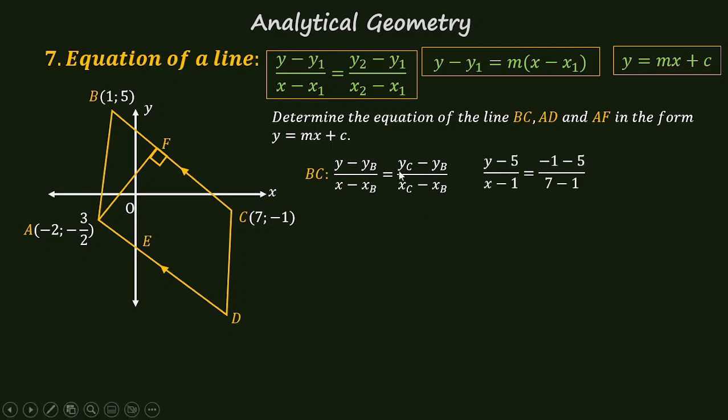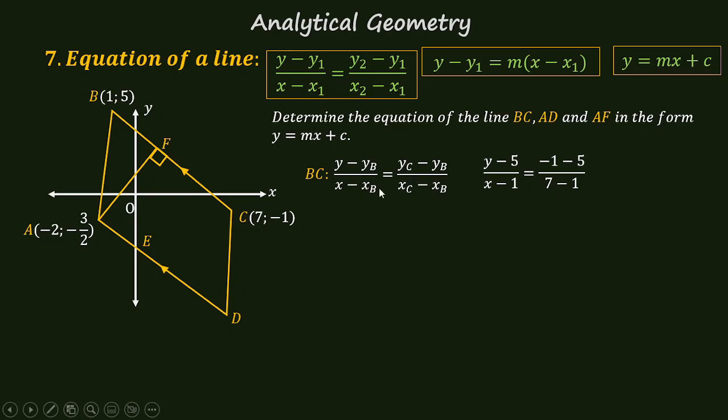I've chosen B and C, so I start with the values at B and then also substitute the values of C. Like I said before, the 1 and the 2 just tell you which point you decide to put as 1 and which point you decide to put as 2. So in this case, my 1 here is the point B, and my 2 here is the point C.